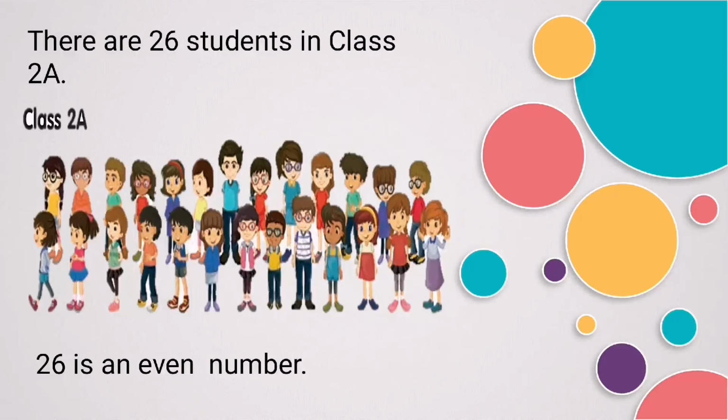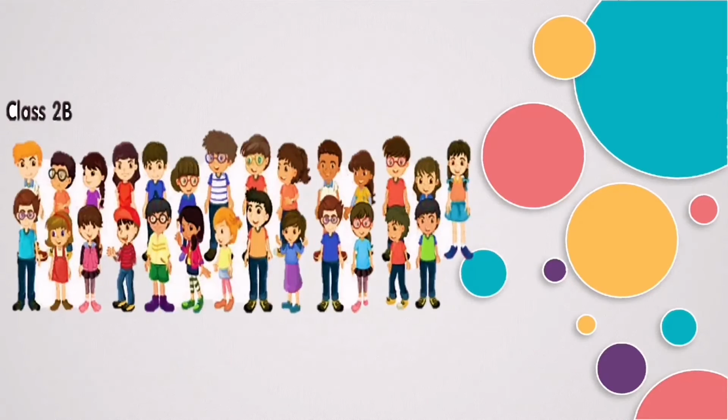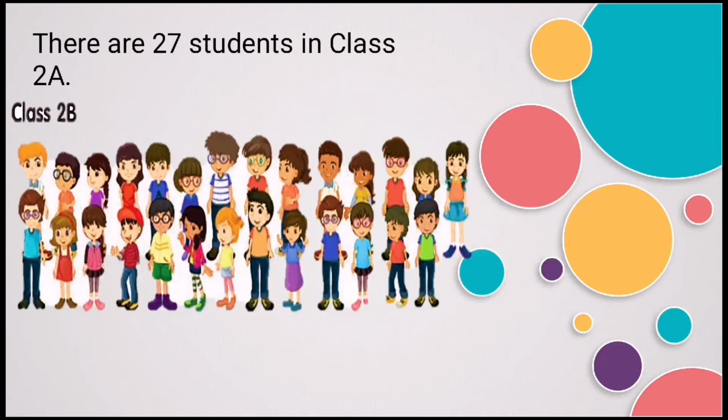Okay, yes. So let's go to class 2B. Look at the students. They are lining up by pair also. But the last girl doesn't have a pair. So how many students are there in class 2B? There are 27 students. Good job.